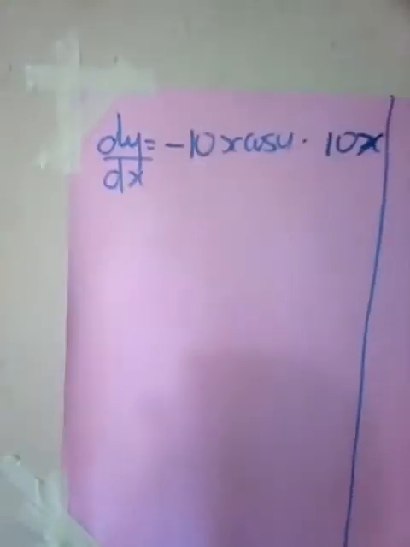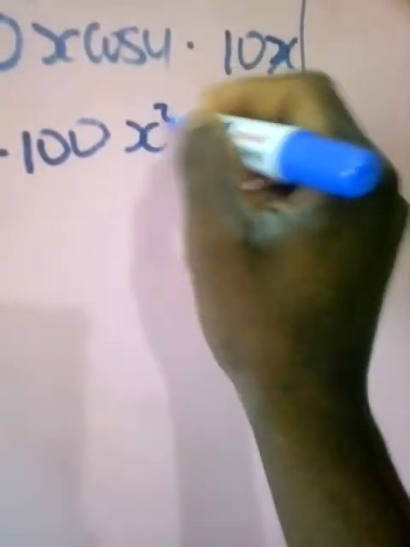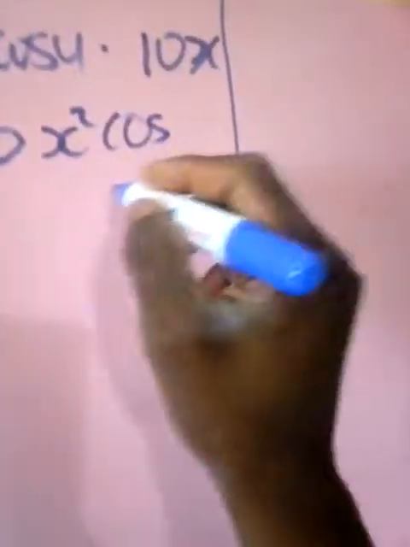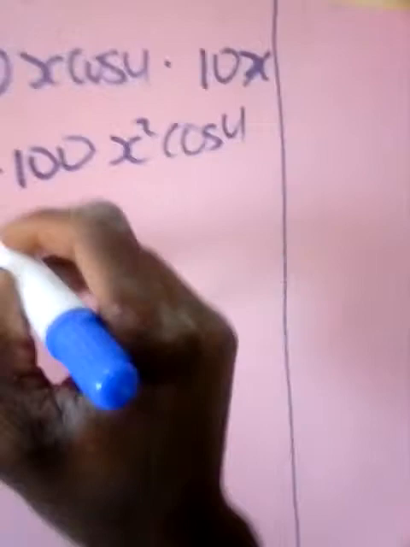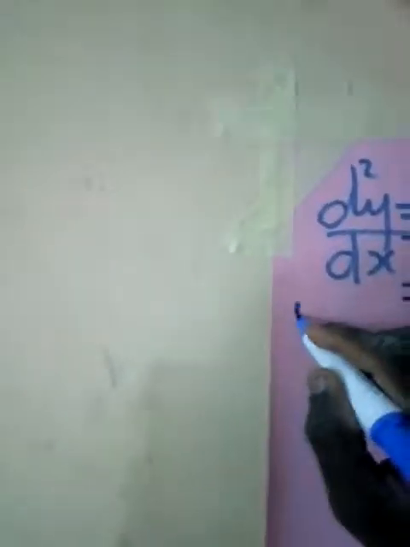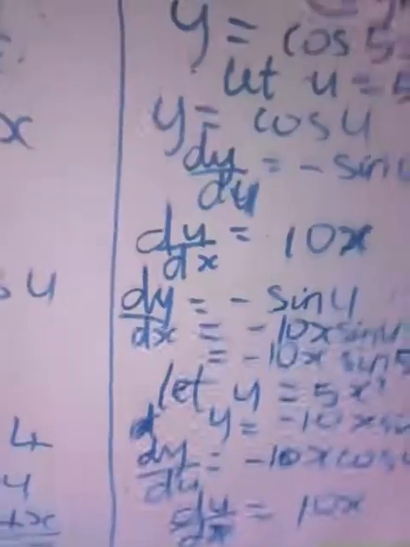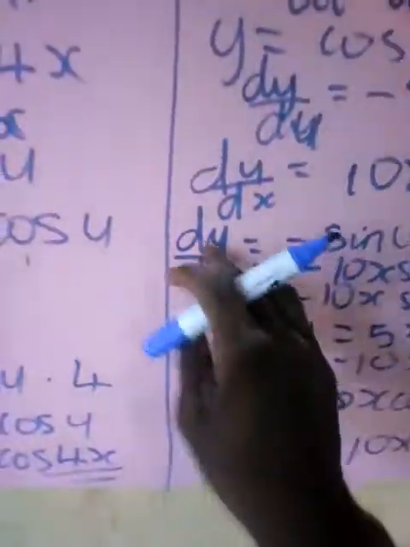So multiplying them together gives me minus 100x squared cos u, which is minus 100x squared cos 5x squared. So this is the second derivative, which can also be known as y prime prime, because this was my y prime. That's my dy/dx.